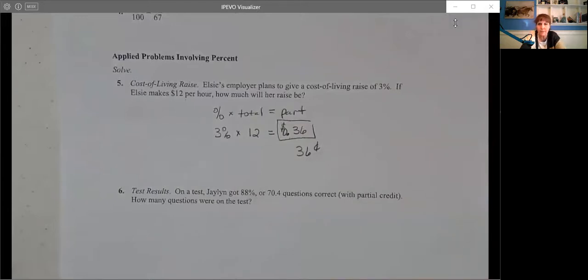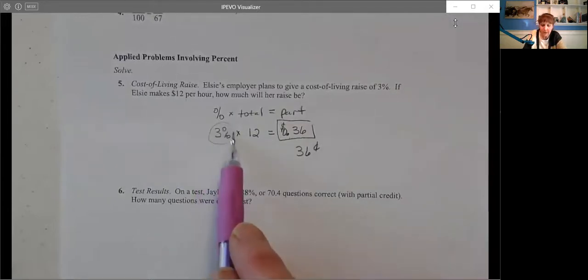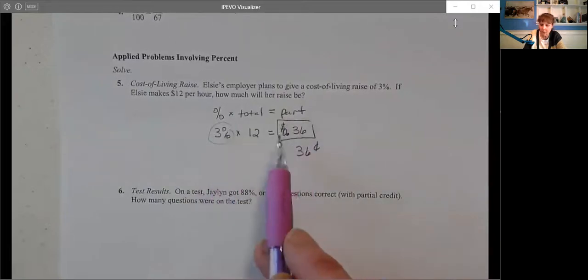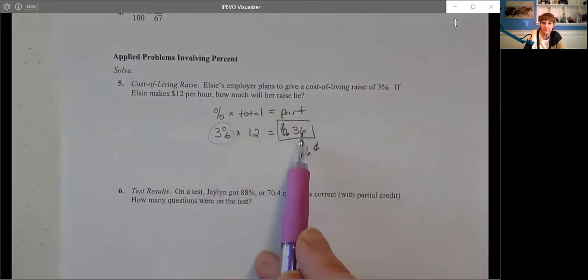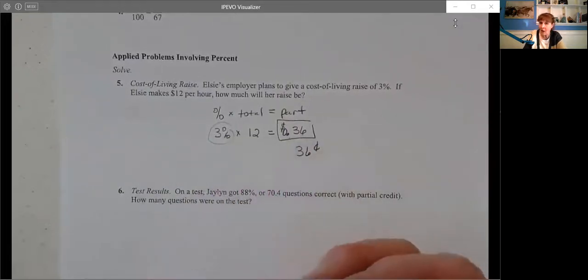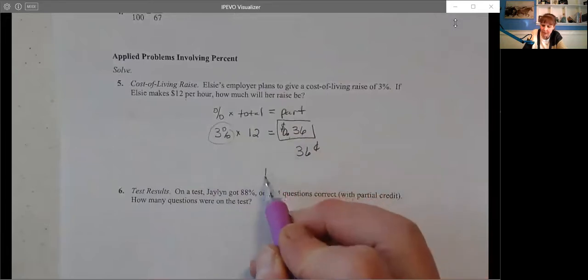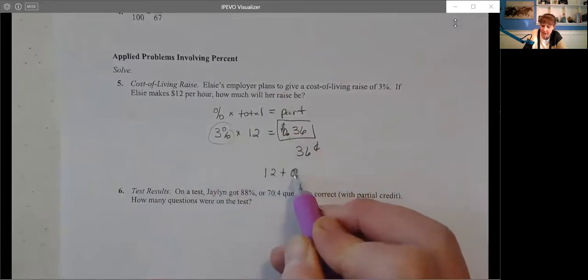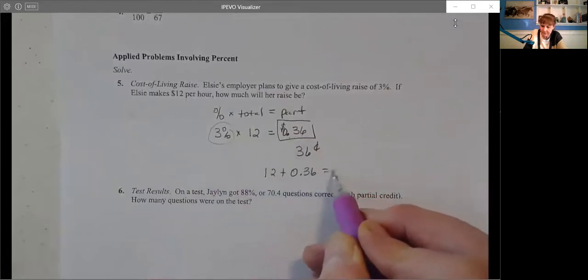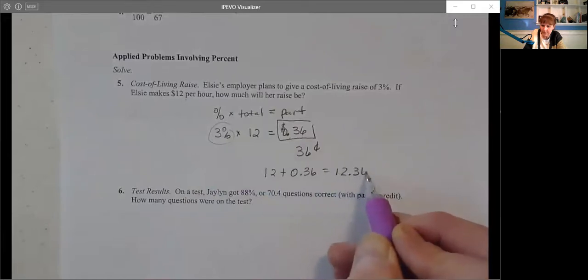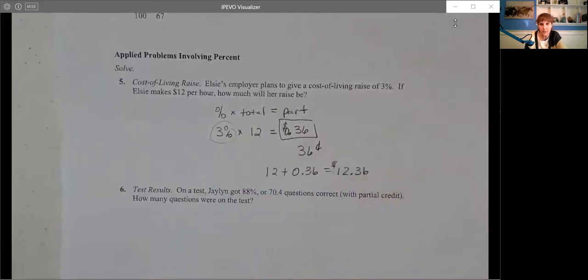A 36-cent raise per hour. All right, and again, this percent was how much of a raise? Over here, how much of a raise. Now, if you wanted how much she is now making, you would take the 12 plus the raise. She'll now be making $12.36 an hour.